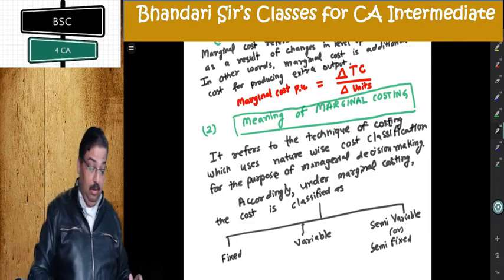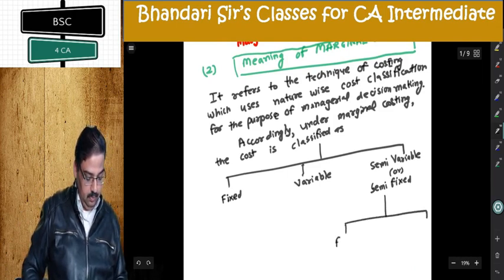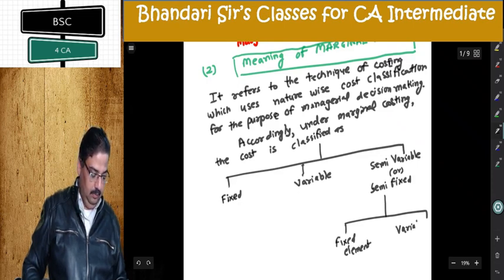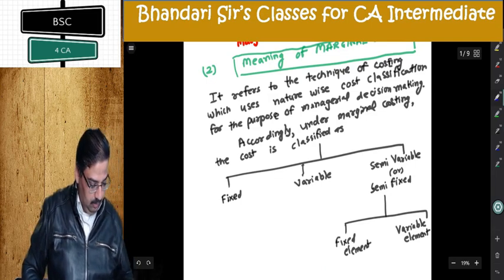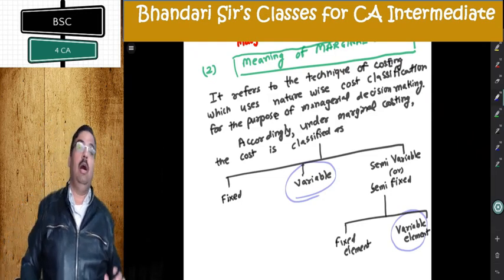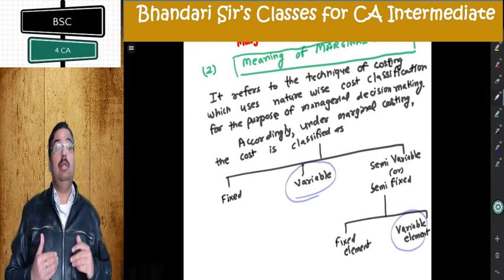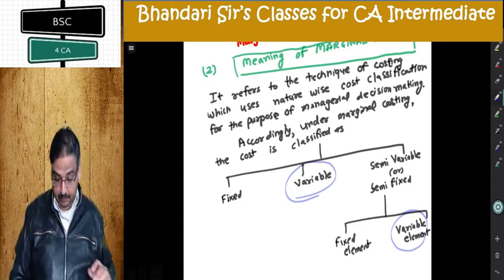In this semi-variable cost, we further segregate into fixed element and variable element. Normally, we focus on these variable elements for the purpose of marginal costing. In marginal costing, we are focusing on the cost that changes, which normally is variable cost.